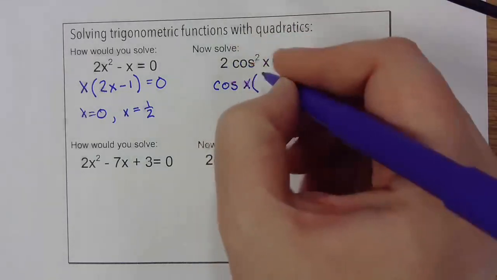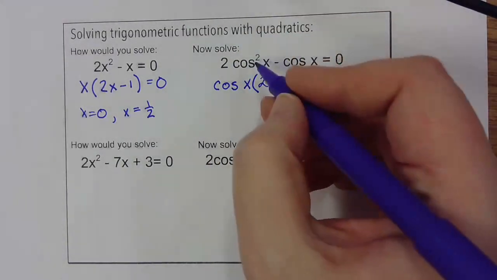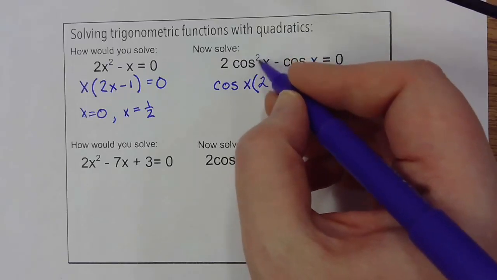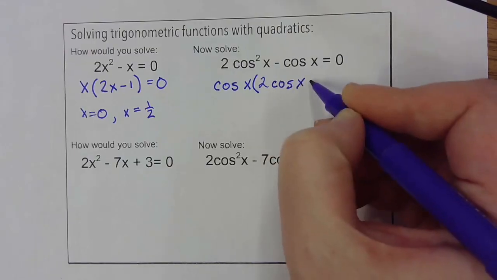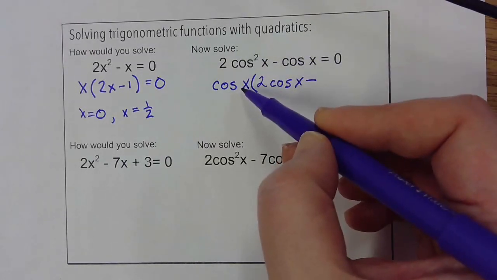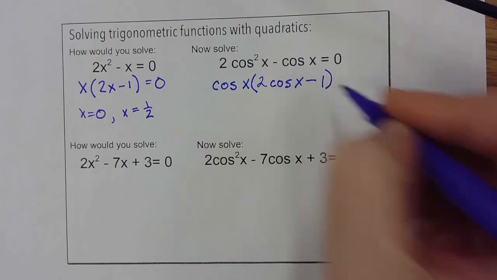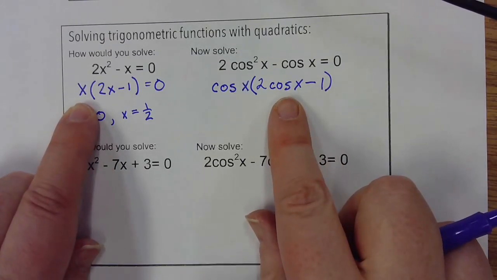The 2 would still be there. That number 2 would still be within the parentheses. I only pulled out one of the factors of cosine, so I'd still have one factor of cosine there. But with this factor of cosine being pulled out as the greatest common factor, I would just have a minus 1 there.